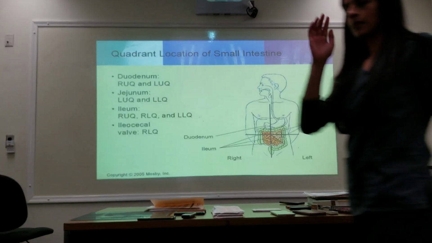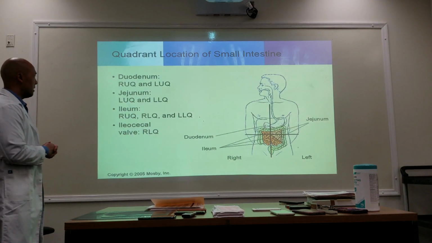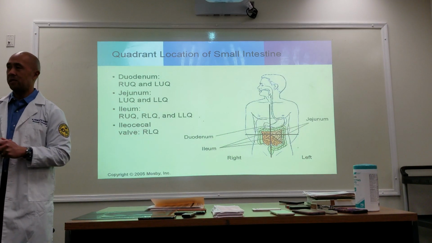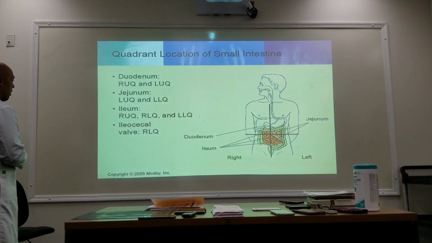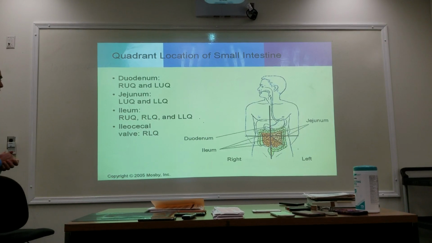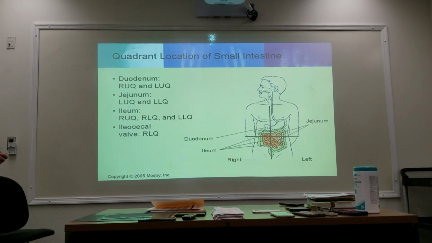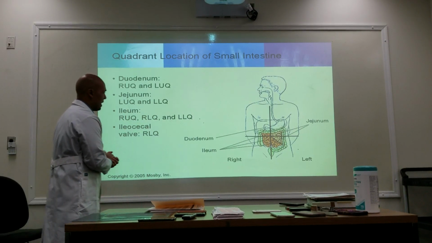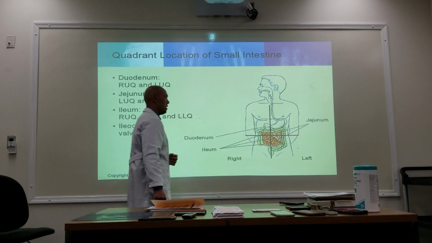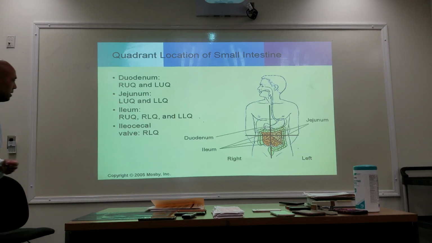Very, very short segment. The second segment here is the jejunum, which is generally found on the left side and also central. It says here left upper quadrant and left lower quadrant. Left side. Then the third segment is the ileum, found in the lower quadrants of the right and left, and also included in the right upper quadrant.